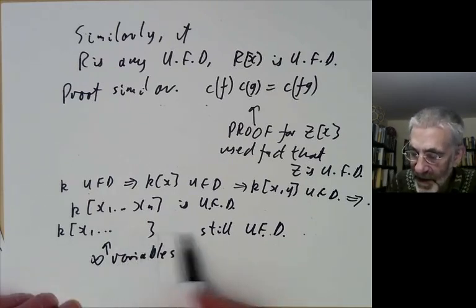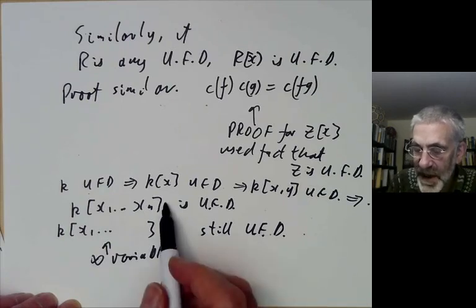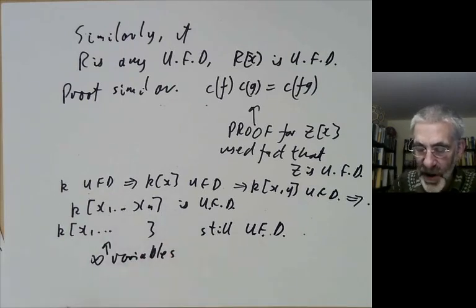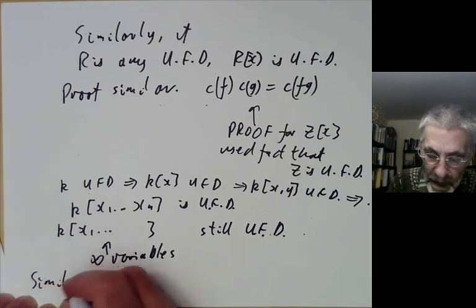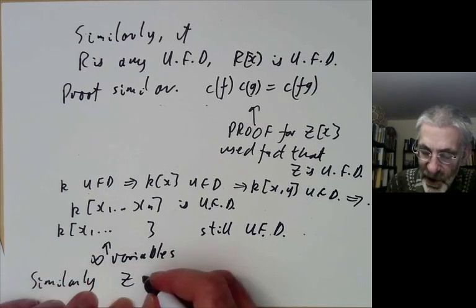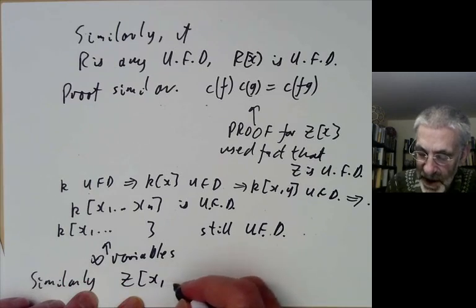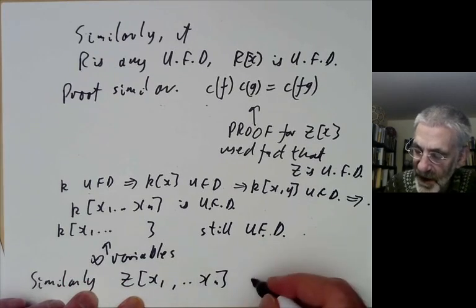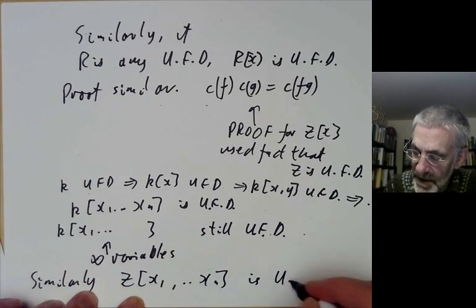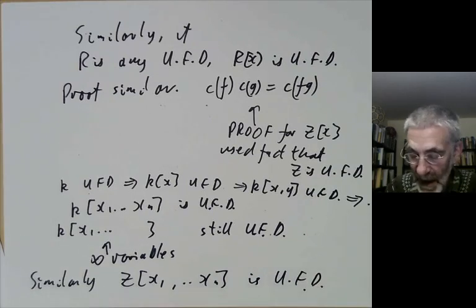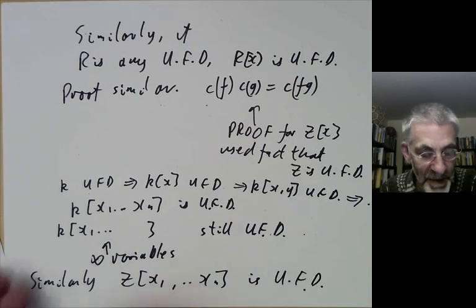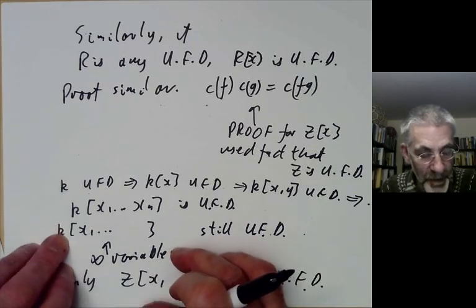So the fact this is a unique factorization domain easily reduces to the case of polynomials in a finite number of variables. Similarly, if we take polynomials over the integers in any finite number of variables, then this still has unique factorization. And of course, you can take an infinite number of variables over the integers if you like.